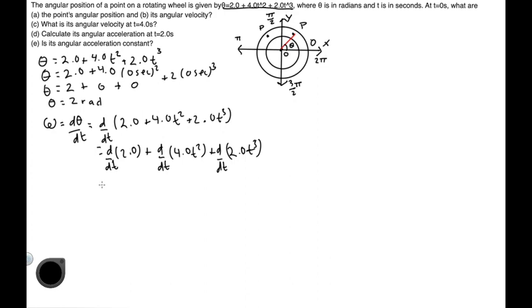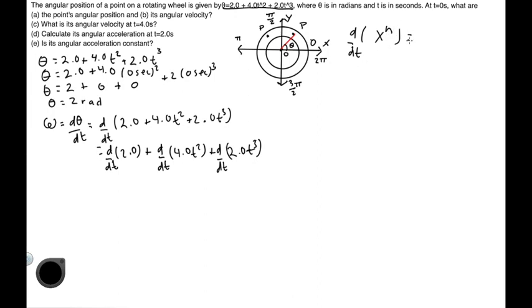So just a quick review of derivatives. Let's say we have the term x to the n power. To find its derivative, all we do is bring this n down in front of the term and then subtract 1 from the exponent.